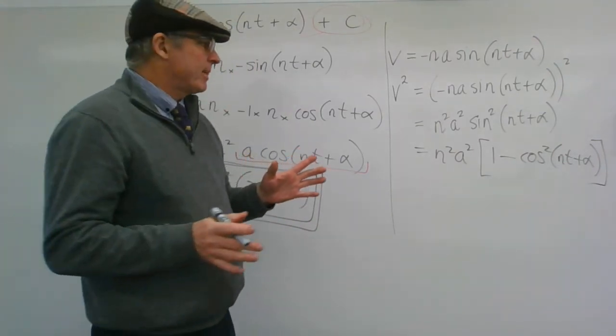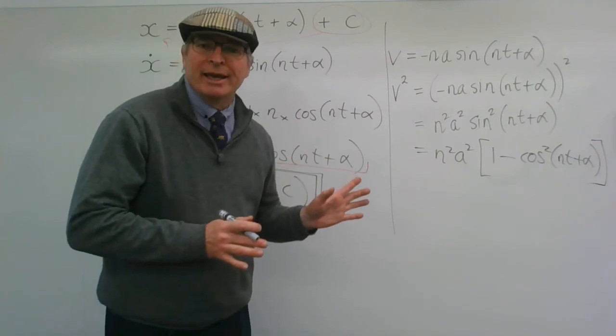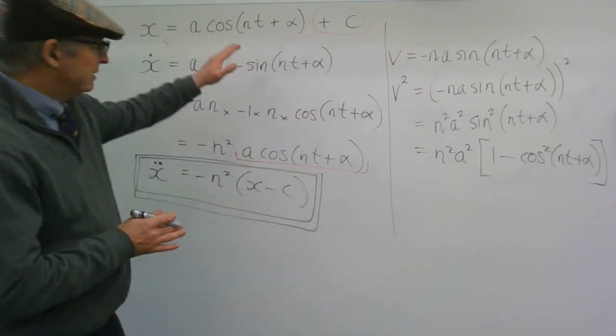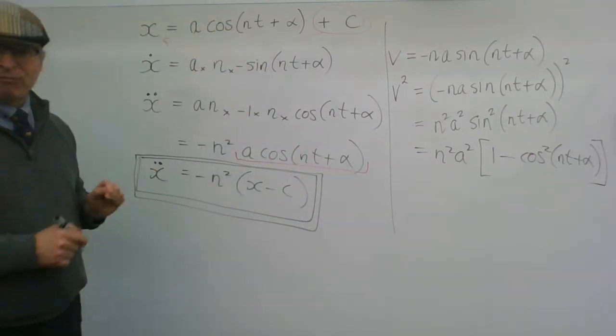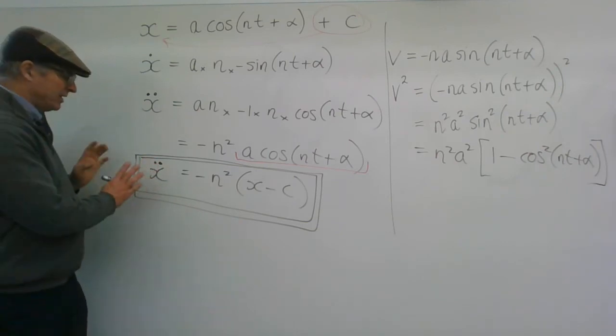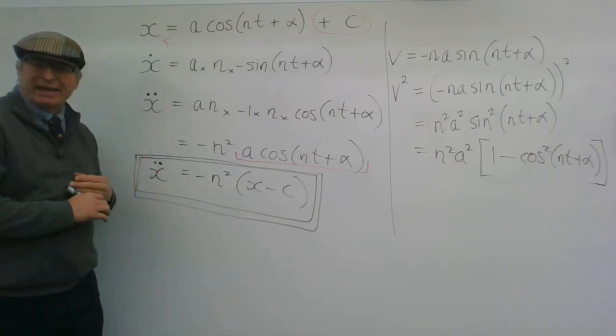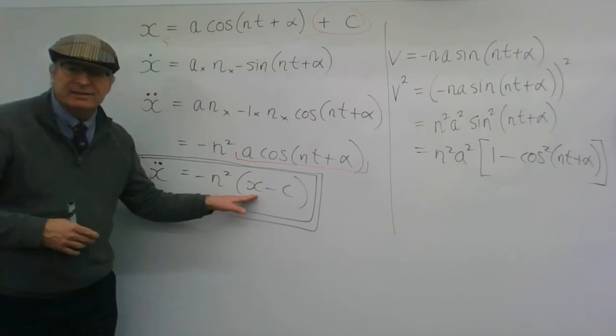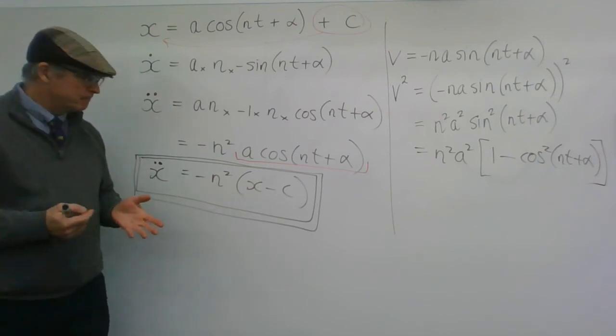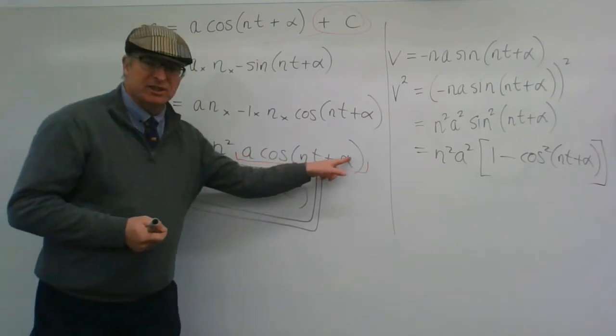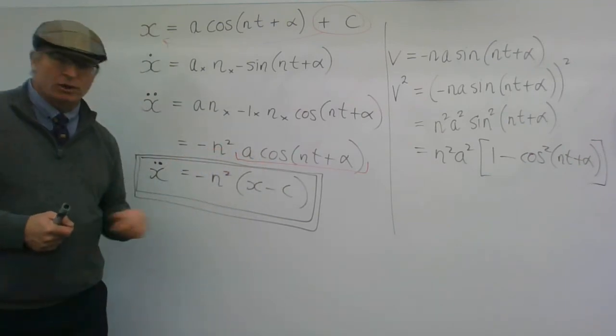Now, how's this looking in terms of how it relates back to x? Just like before, how we managed to get the acceleration being expressed in terms of x rather than time, like here it is in terms of t, but we can express it in terms of x.